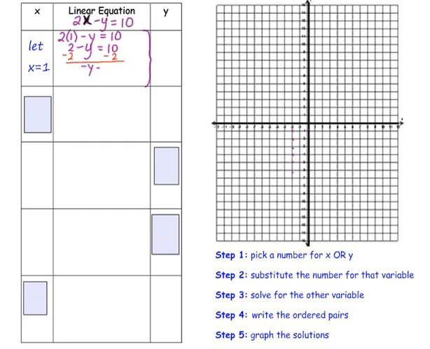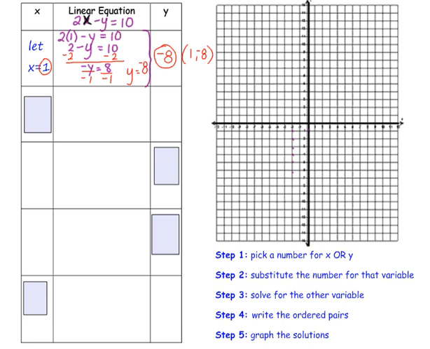Minus y equals 8. Divide by the invisible coefficient of negative 1. Divide by negative 1 on both sides of the equation, and y equals negative 8. So our first solution is the ordered pair where x equals 1 and y equals negative 8. 1, negative 8 is one solution to this problem.